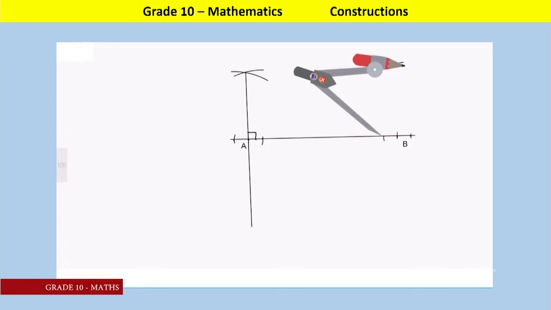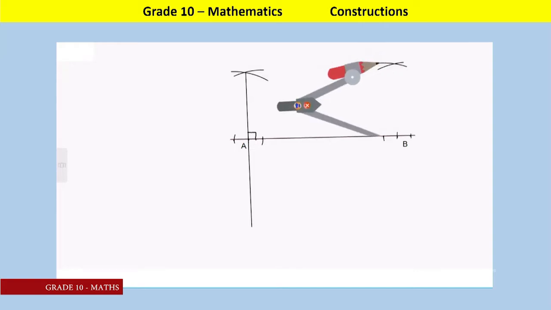We constructed two arcs, the two arcs joining, we got a new point. Here we found a perpendicular line to this AB. We got two perpendicular lines now.